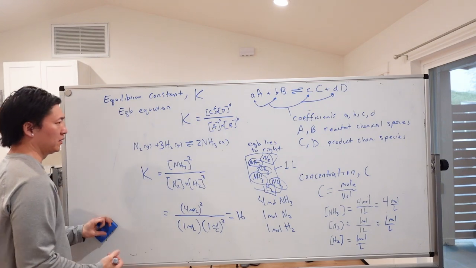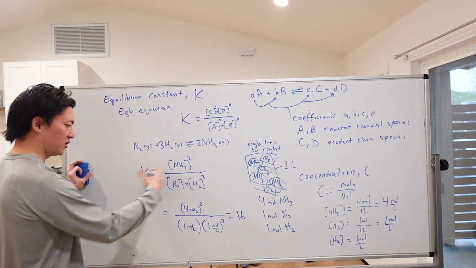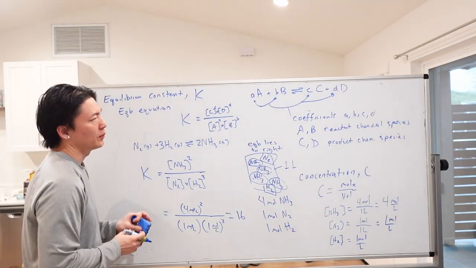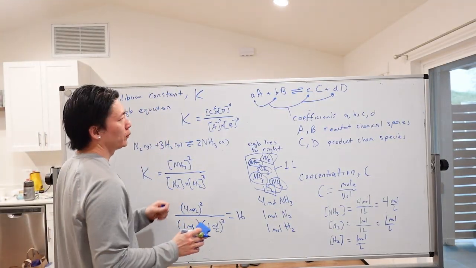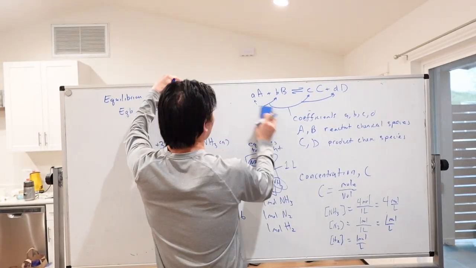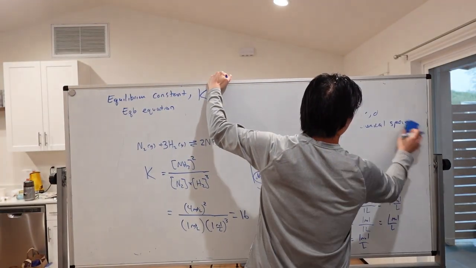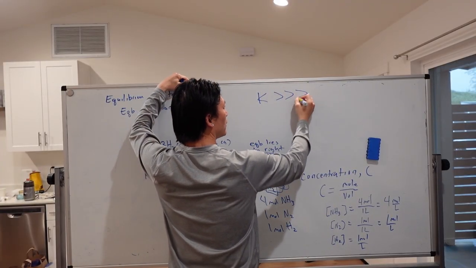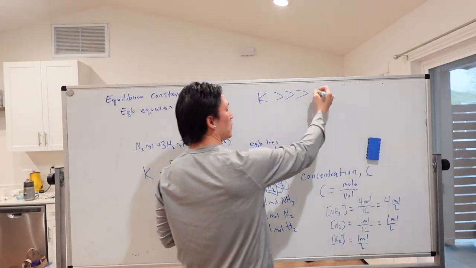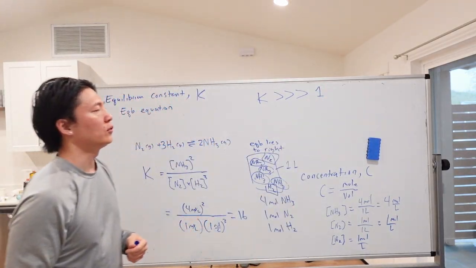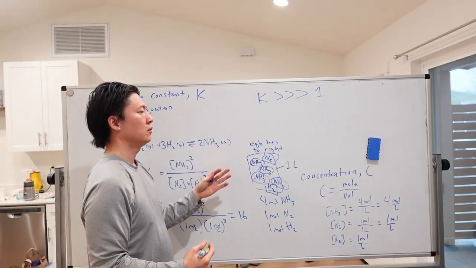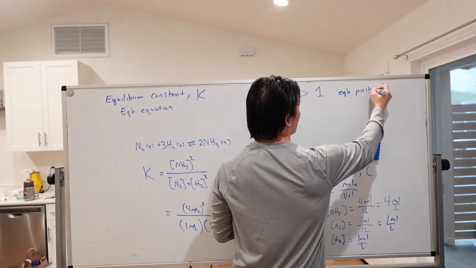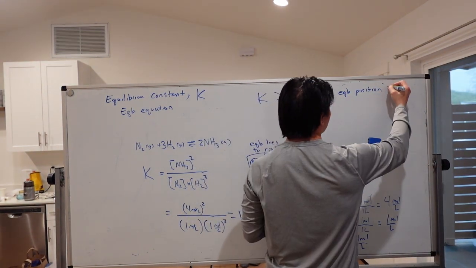So because of this equation, the products are on top and the reactants are on bottom, we can come up with this idea. When K is very large, way, way bigger than 1, we know that the equilibrium position lies to the right side.